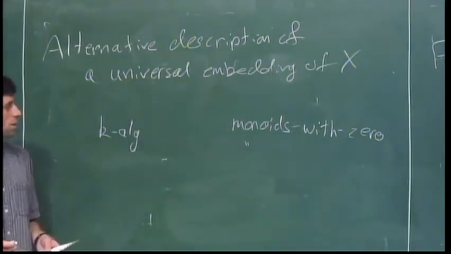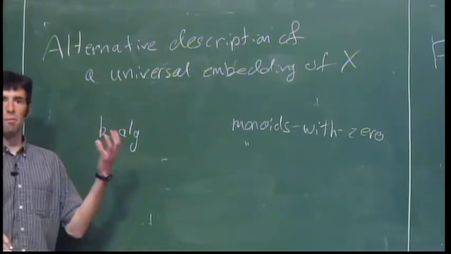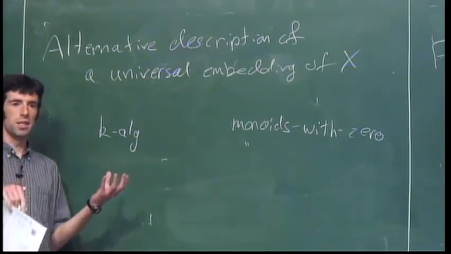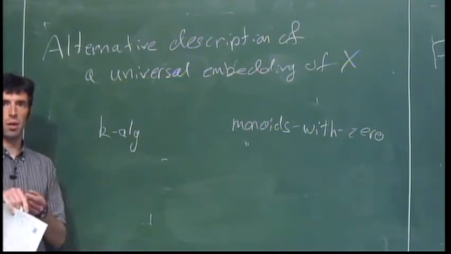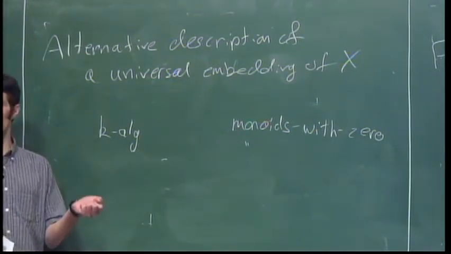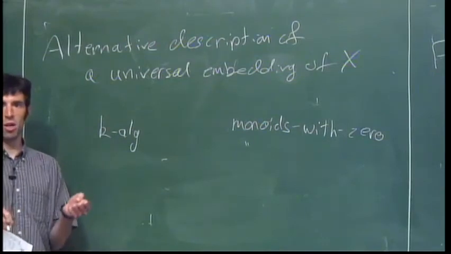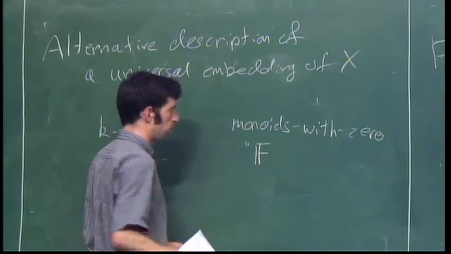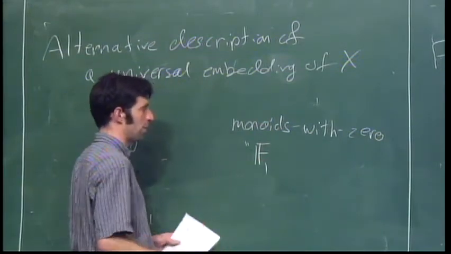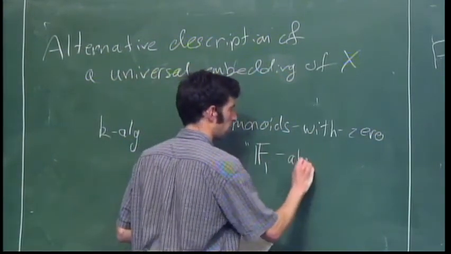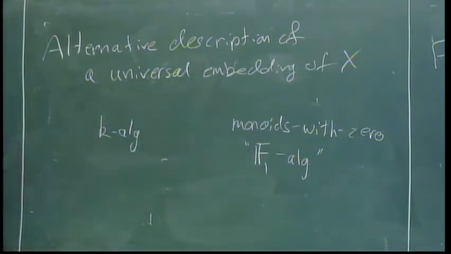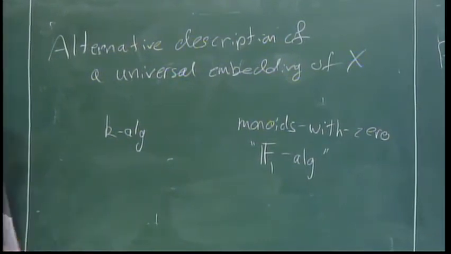Now, monoids with 0 means multiplicative monoids equipped with a distinguished element which is absorbing. So some element which I call 0, such that anything times 0 is equal to 0. So for fun and to be fancy, I'm going to call this the category of F1 algebras.